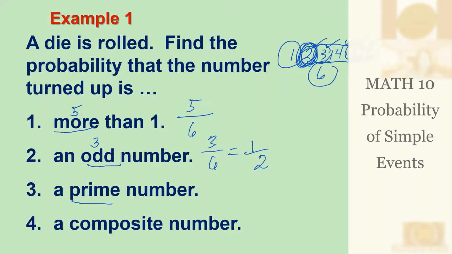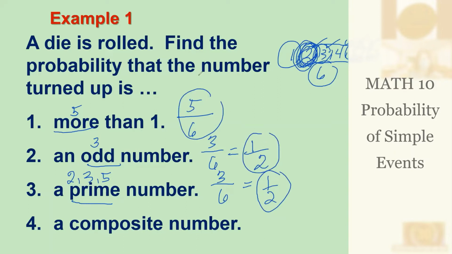Now, 1 becomes a special number because 1 times 1, it's really something. So 1 is neither prime nor composite. But 2 is a prime number because it has only 2 factors. So we have 2, 3, 5 as prime numbers. There are 3 prime numbers, so 3 over 6 is equal to 1/2 also.